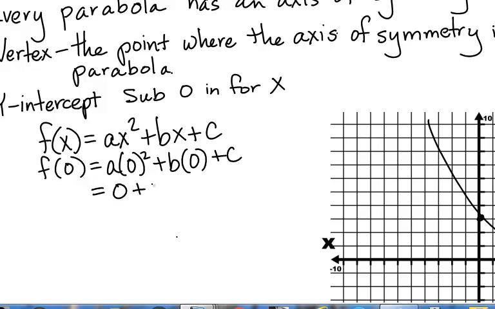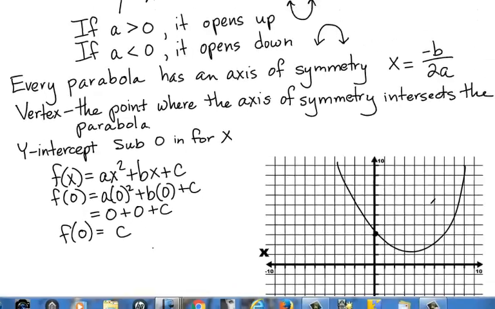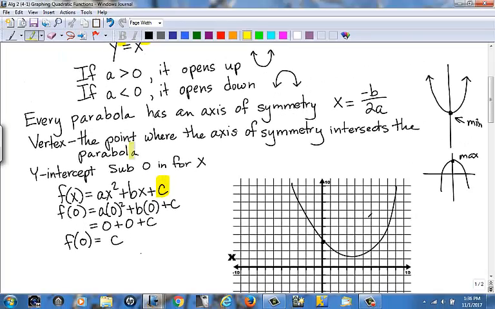B times 0 is 0. So the y-intercept actually ends up to be the c value in your equation. So in this form, that c value is the y-intercept. That's where it's going to cross the y-axis.